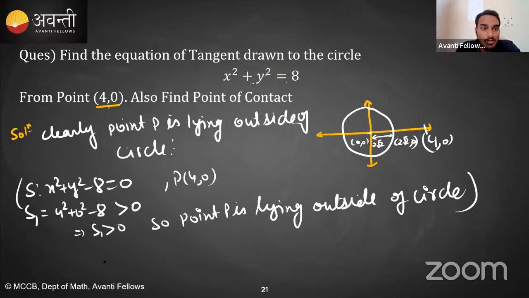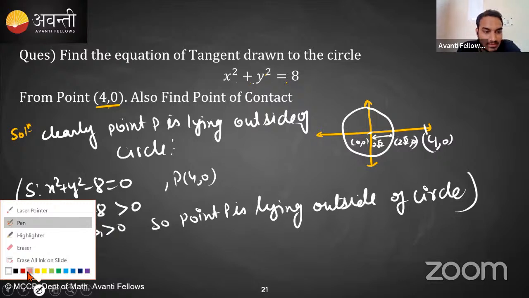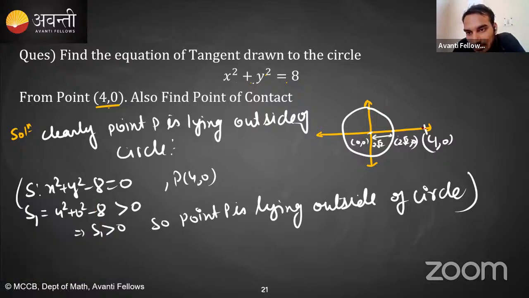The tangent is passing through the point (4, 0), right? So this situation is happening. Let's say one of the tangents is this, and another tangent is this.